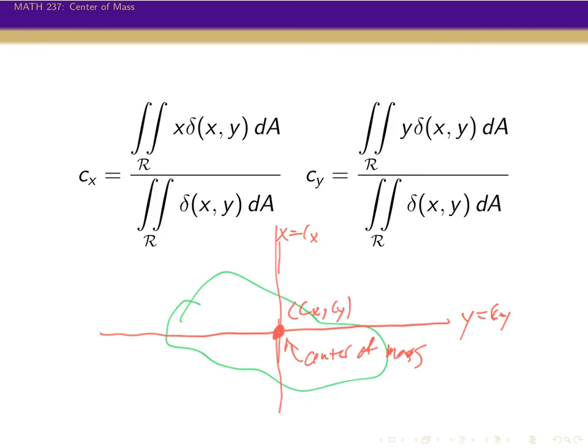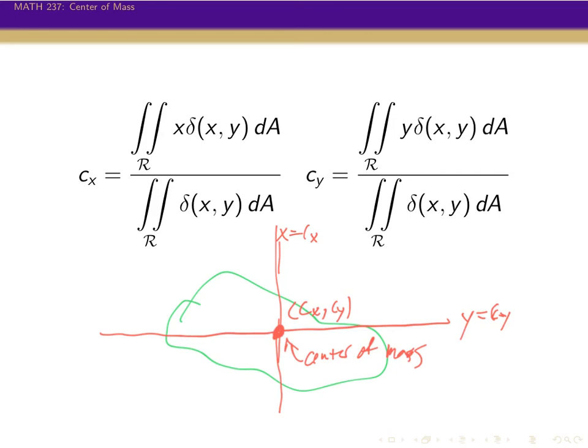And then the shape will balance exactly on that. It's a sight to see. Sorry, I can't do it for you through this video, but if you ever meet me in person, you can ask me to do this.